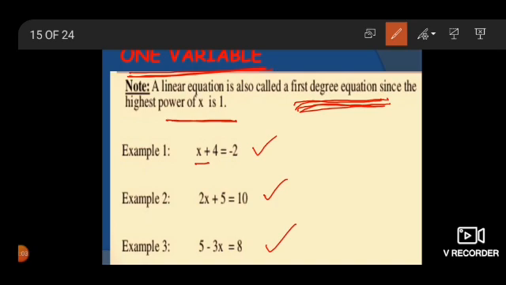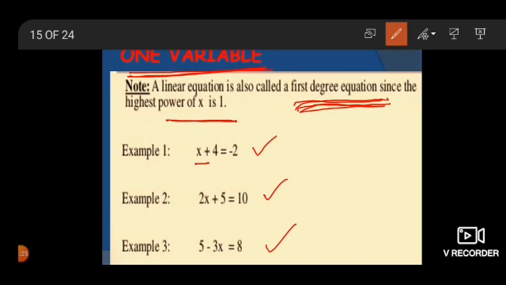Look at the next example, again it has the power 1. Look at the third example, again it has the power 1. So be very clear children, a linear equation is also called a first degree equation because the highest power of x is 1. The variable here I have mentioned is x, but it can be any variable.